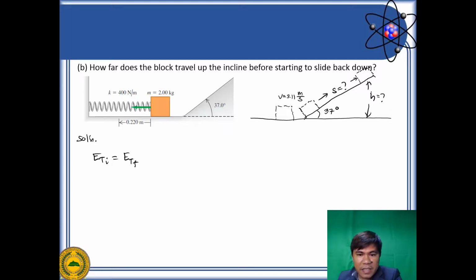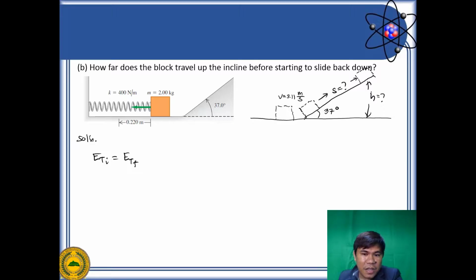But again, in the initial state, that is the point wherein the box is just about to climb the inclined plane, the height there is still 0, so the gravitational potential energy is 0.